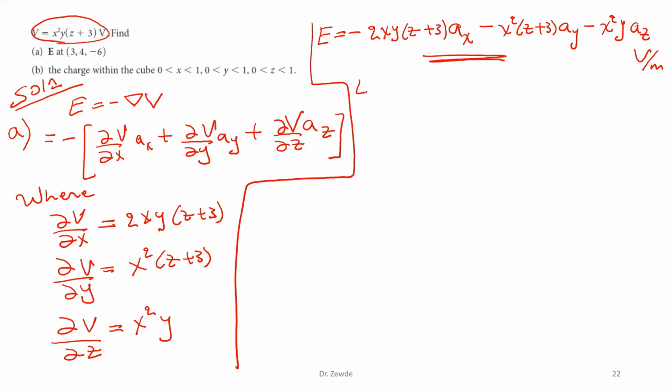We're asked for E when x is 3, y is 4, and z is minus 6.